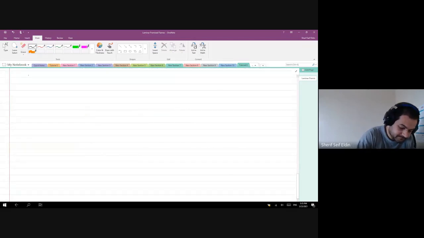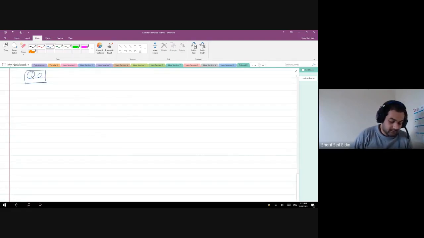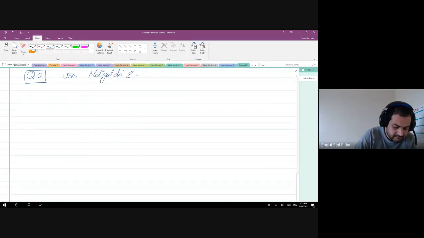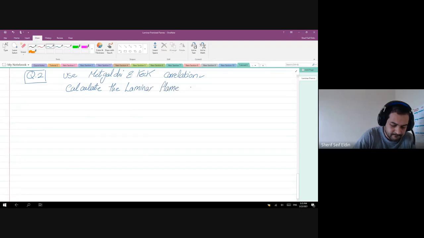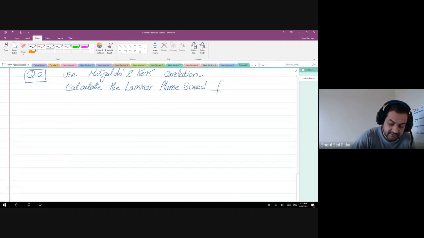Question number 2. Use the Metghalchi and Keck correlation to calculate the laminar flame speed for a stoichiometric mixture.